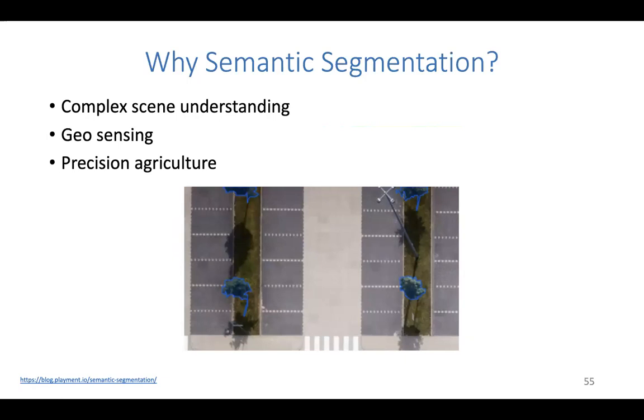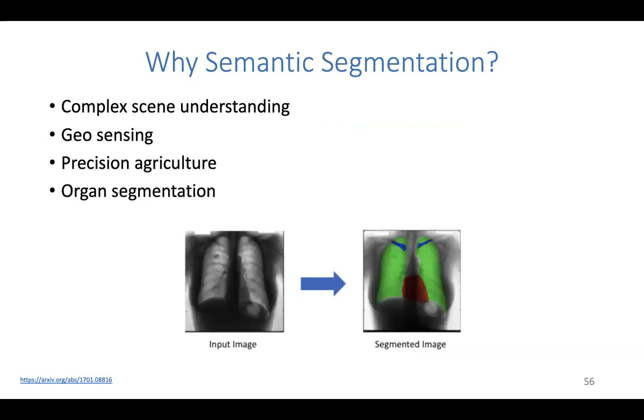You want to count different types of objects given a satellite image, so that you can have a statistical analysis of different types of stuff. So this is another application.